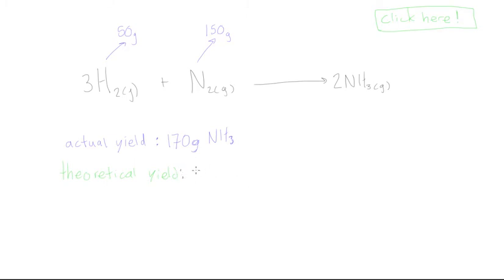We start with 150 grams of N2, then we multiply by the molar mass of nitrogen, so 1 mole of N2 over 28 grams of N2. Remember, we're rounding these numbers. Then we multiply by the molar ratio, so we get 2 moles of ammonia, NH3, over 1 mole of N2.